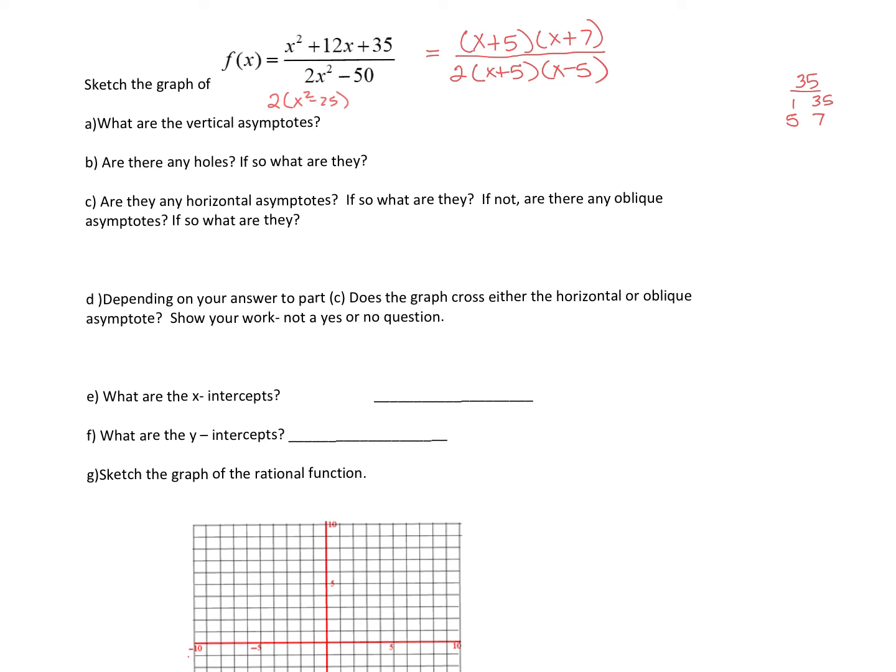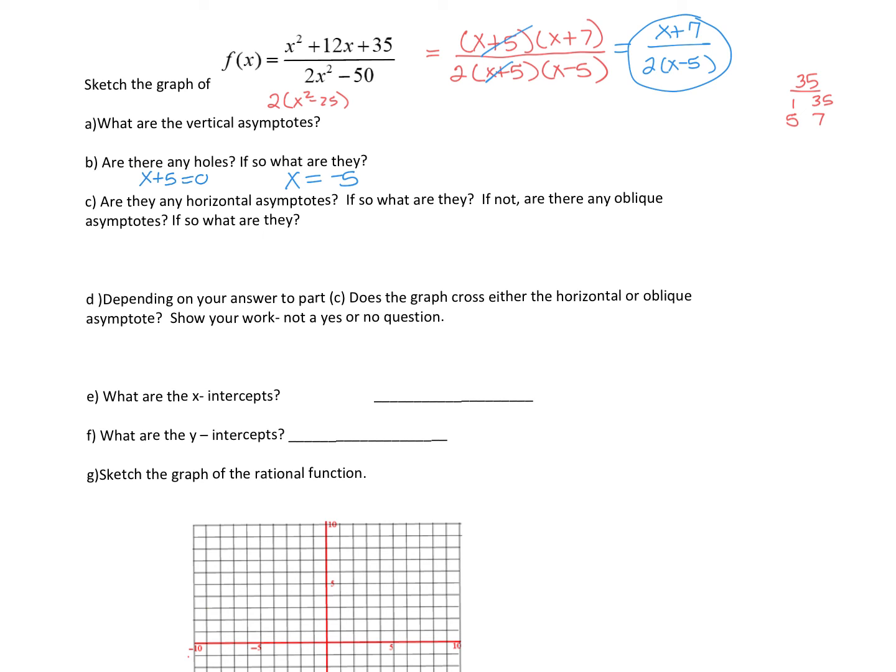So again, I notice that I have a hole at x equals negative 5, because I would say x plus 5 equaling 0, negative 5. From this point, we're going to work with x plus 7 over 2 times x minus 5.